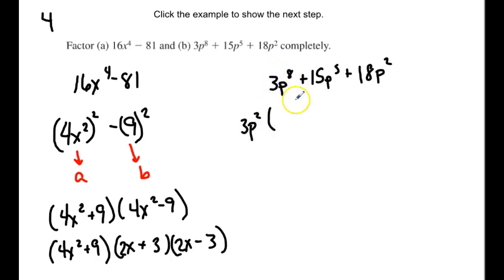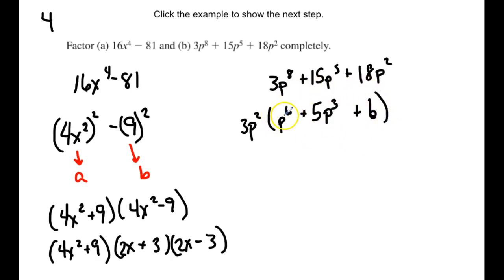So my first term of my polynomial, I am left with p to the 6th, plus 5, and here I'm left with p to the 3rd, and here I am left with 6 once I do my division, right? So now here is something else that I can factor, right?